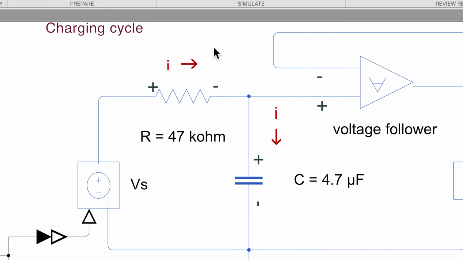Because electrons carry a negative charge. And you can thank Benjamin Franklin for that. Thanks a lot, Benjamin. So the electrons are going from right to left, and the electrons are leaving the top plate of this capacitor. And when they leave the top plate of the capacitor, that is equivalent to increasing positive charge on the plate of that capacitor. And that's during the charging cycle of the capacitor.